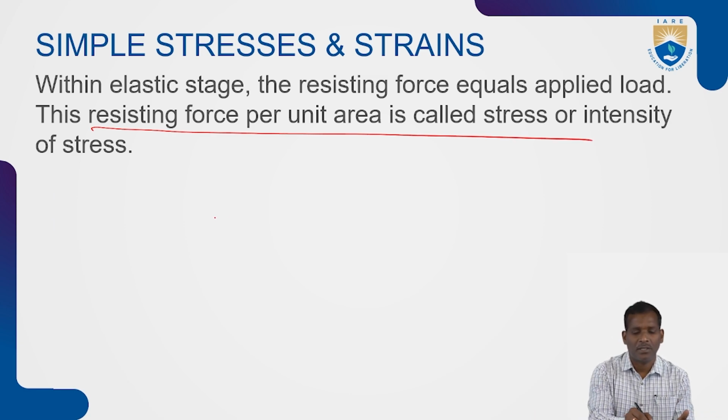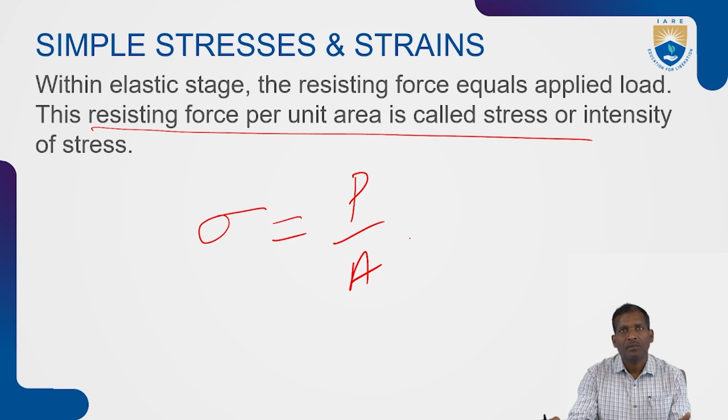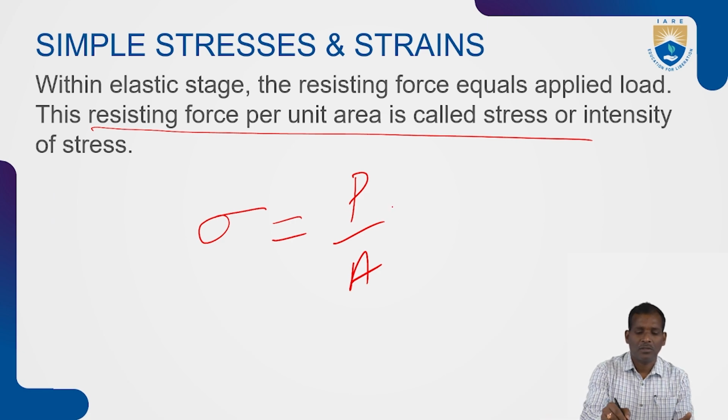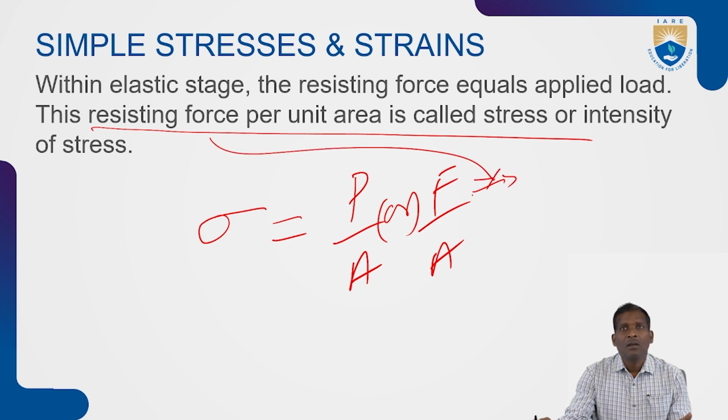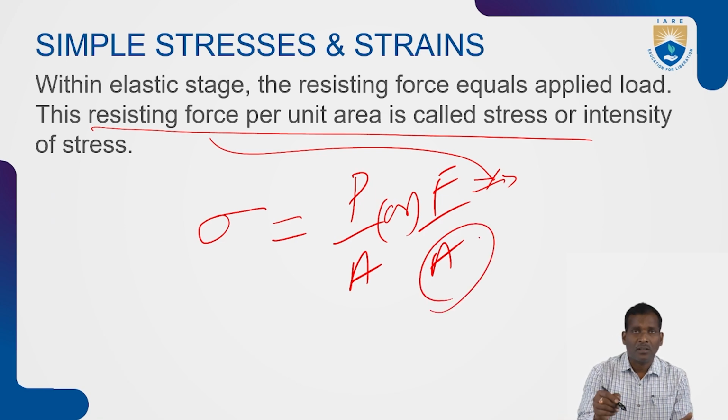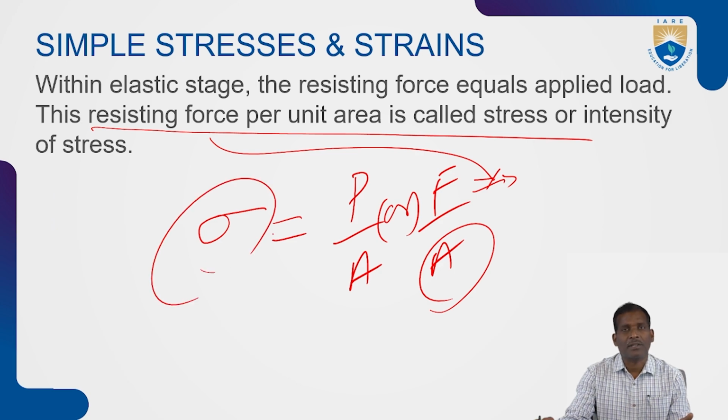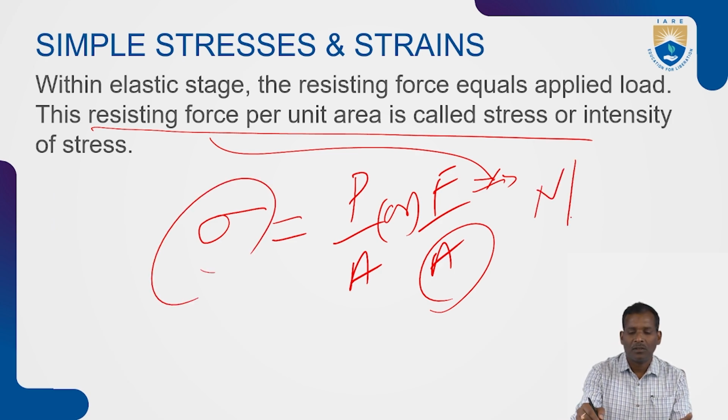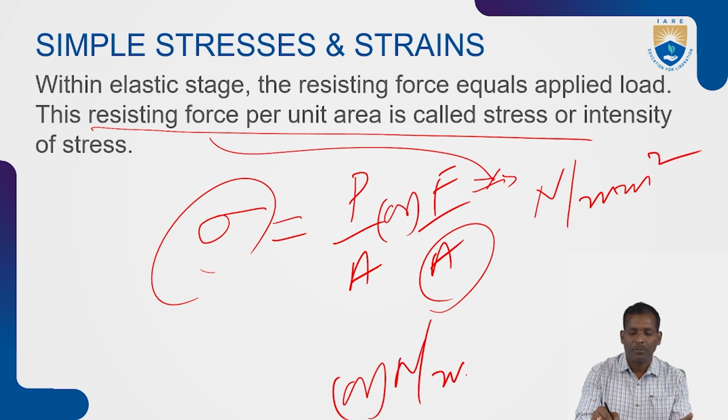Already we have seen in the previous session, the resisting stress is equal to load per area, that is F by A, the resisting force over the cross-sectional area, which gives the stress or intensity. The units are Newton per mm square or Newton per meter square.